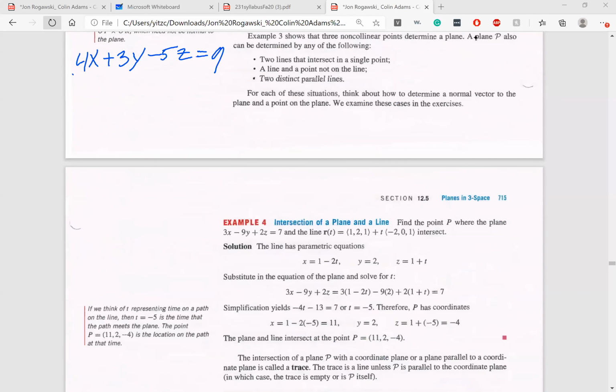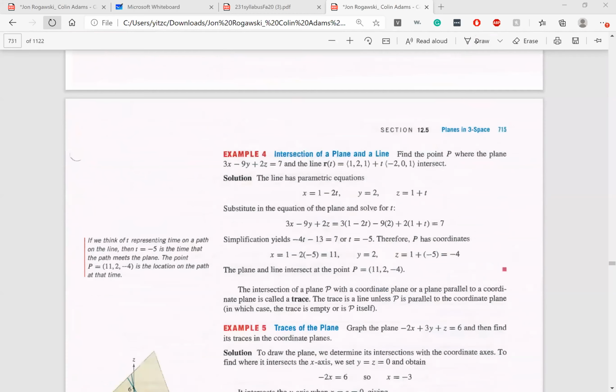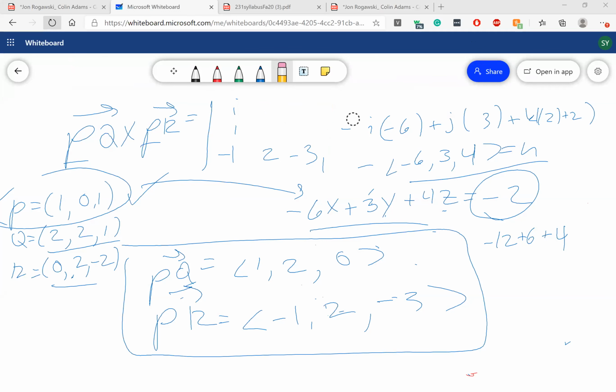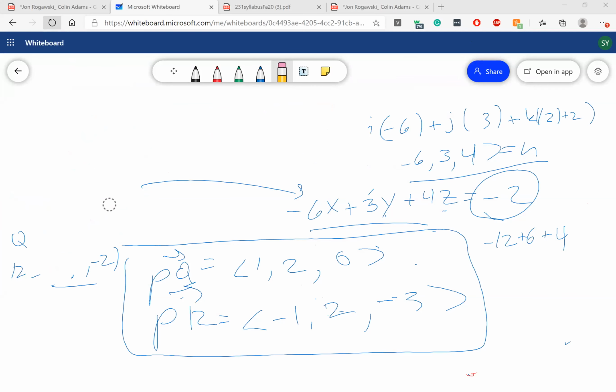Okay. So another thing that they would like us to be able to do is finding where a line and a plane intersect.